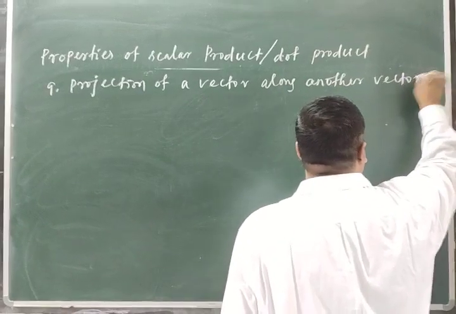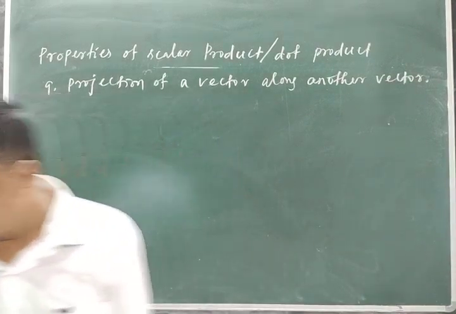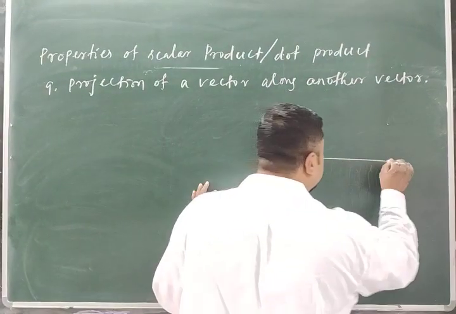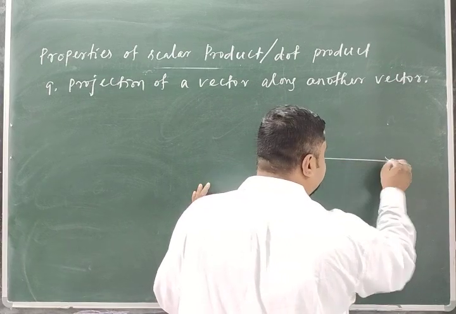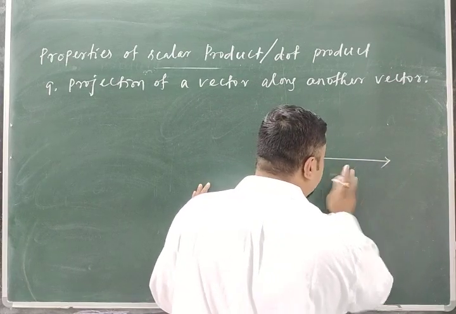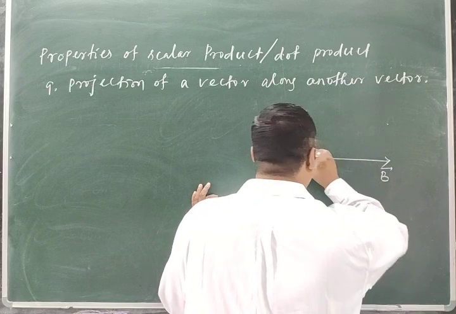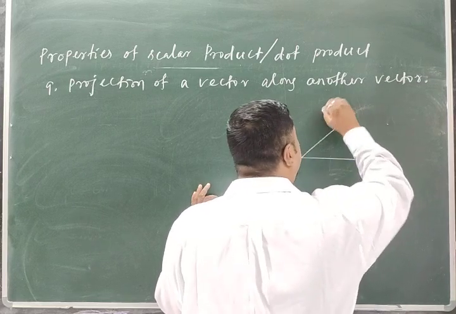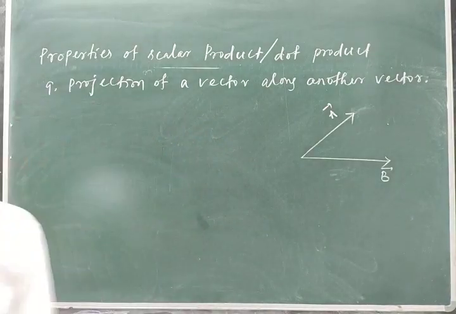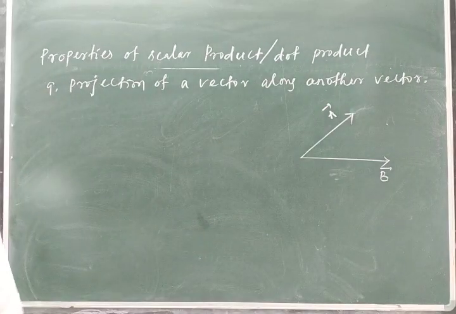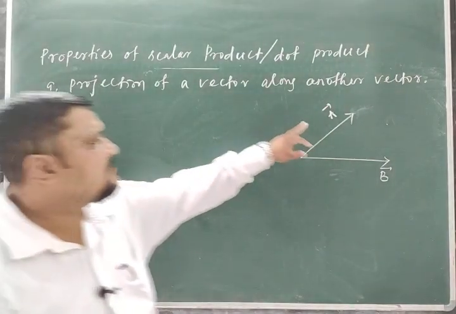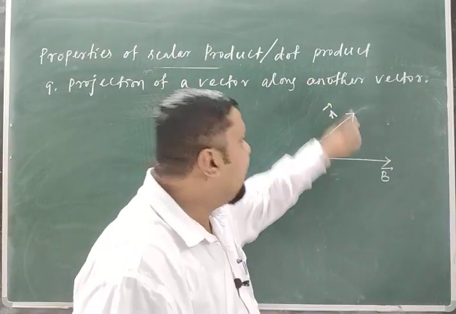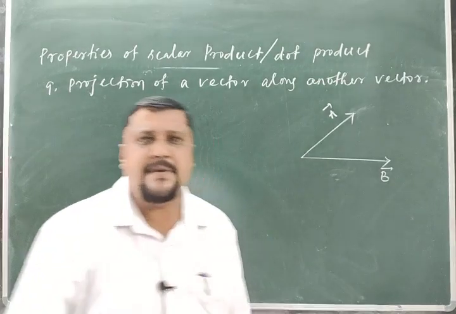With the magnitude only, we will discuss the magnitude. Suppose this is the vector B given to me, and there is another vector A. A is a vector. If I ask you, then what is the projection of vector A along the other vector B?